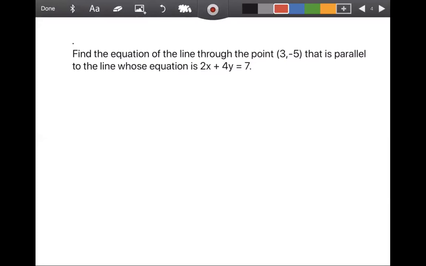Okay, so now part of this we can skip because it's the same equation. The given slope is still -1/2. Okay. So the big difference in this problem is that we are not going to change that slope because now we're finding a parallel line.